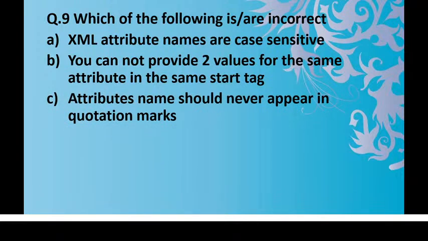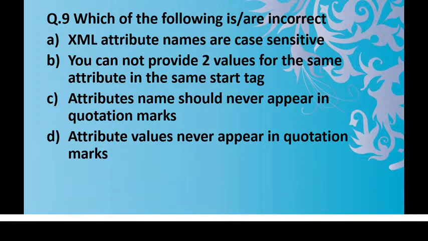Attribute names should never appear in quotation marks. Attribute values never appear in quotation marks. Read it carefully and then please give your answer in the chat box. Correct answer is D.